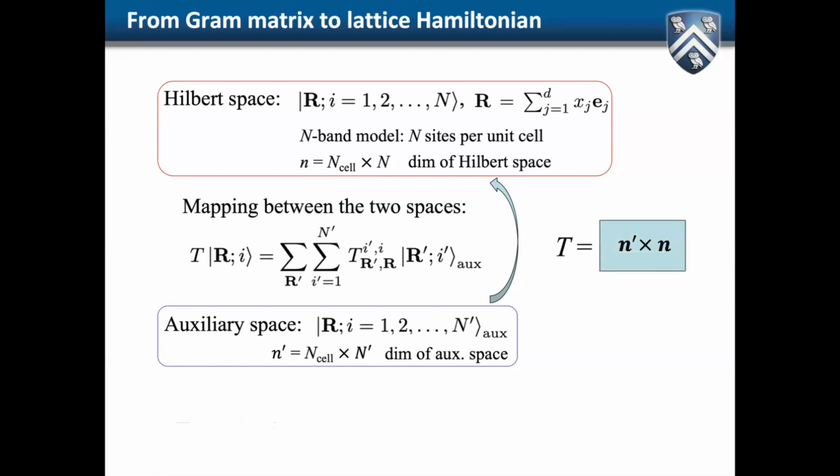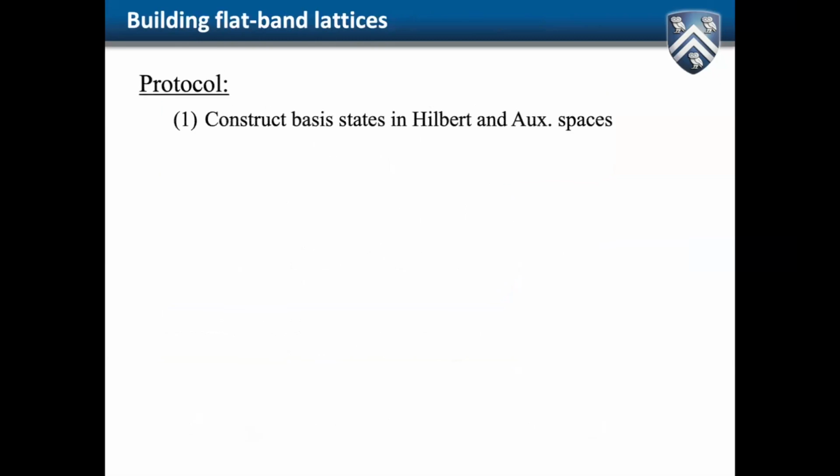And then your Hamiltonian is, as I said, just T dagger T. In this way, you are guaranteed to have capital N minus capital N prime bands with zero energy. It's just guaranteed by the properties of the matrix rank. So this is how you build flat band lattices, whose lowest bands are guaranteed to be flat.